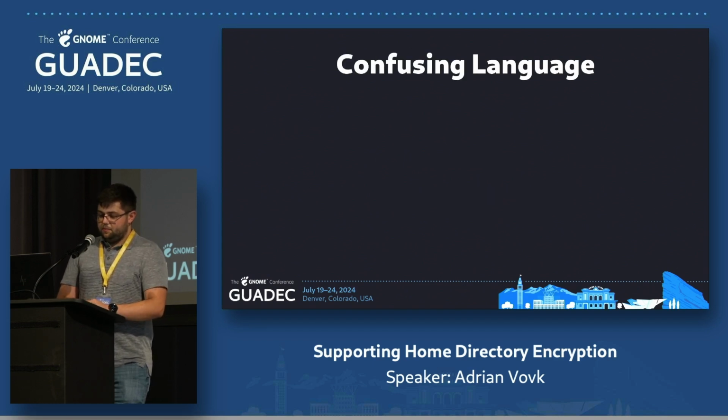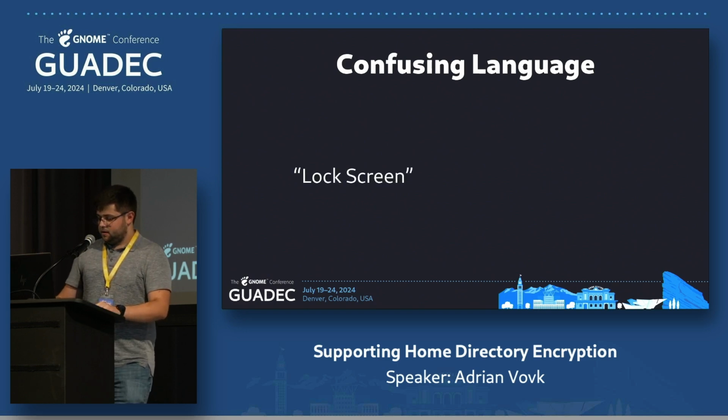All right, before I get into talking about all the work I've done, there's some language that's confusing about homed. There's a lot of terms that have multiple meanings, and they're all used together at the same time. So, for example, the lock screen, what is that? With homed, there are now 2 lock screens.